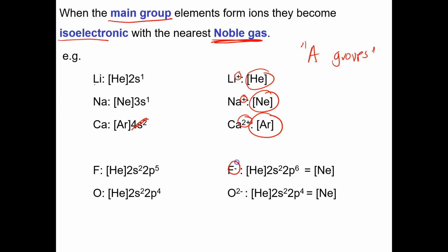Fluorine loves to gain 1 electron, giving it the same electron configuration as neon. Oxygen loves to gain 2 electrons, giving it the same electron configuration as neon.